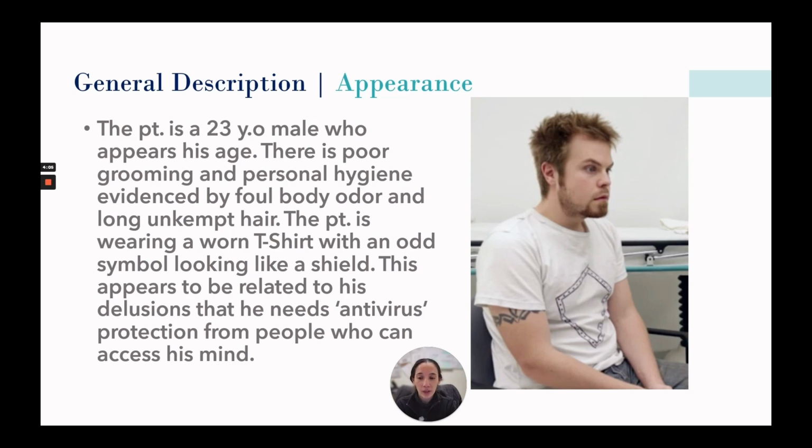The patient is wearing a worn t-shirt with an odd symbol looking like a shield. He later might tell you that this is related to his belief that there's antivirus protection from it, from people who can access his mind. So this is something you might see in psychiatry.